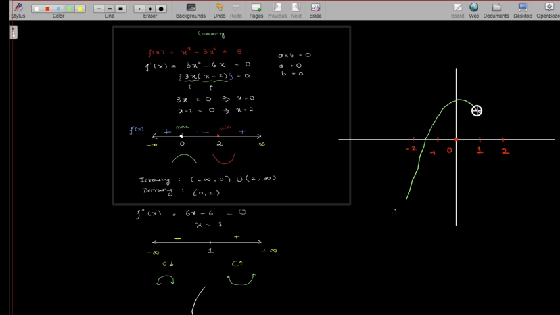And at 2, we have a minima. So from 2, it will start increasing. And from 1, its shape has become concave up. And that's it.